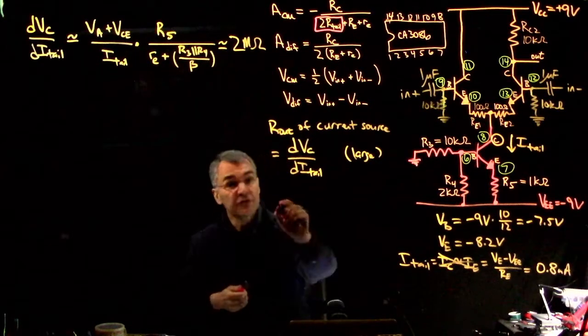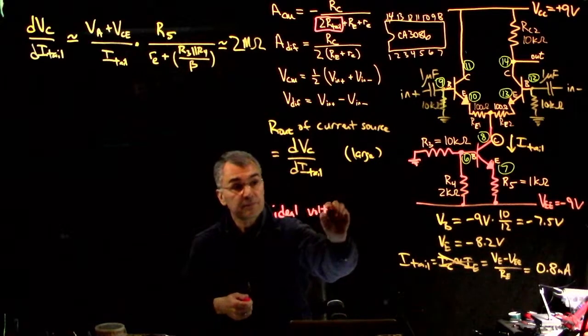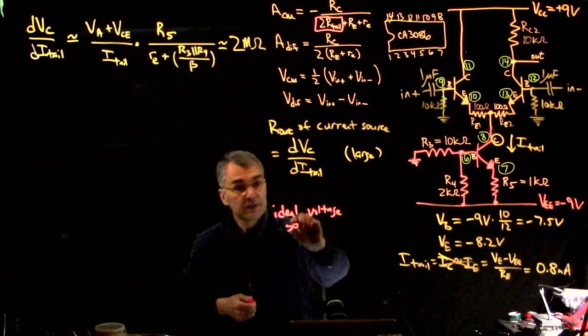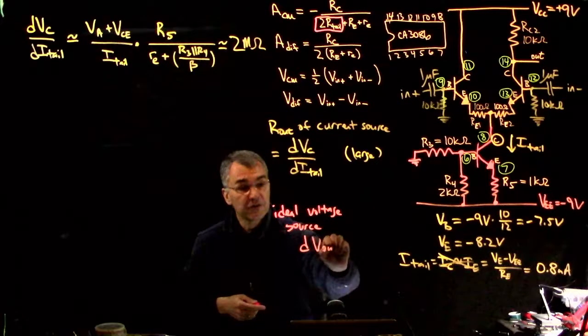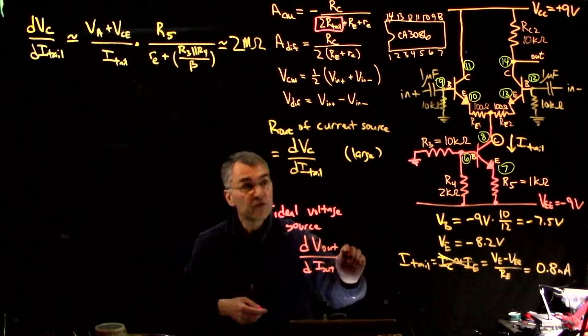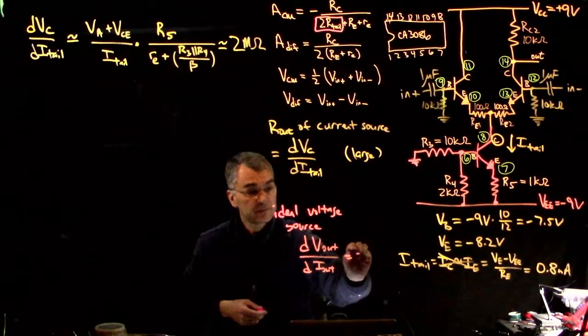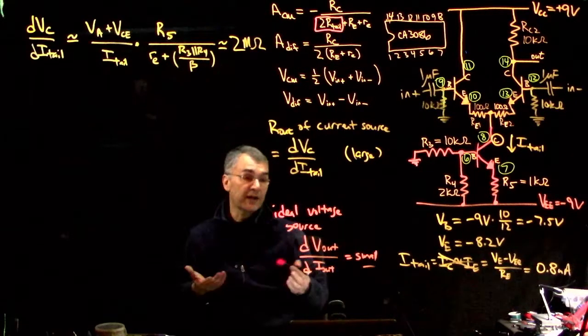So an ideal voltage source has dV out with respect to dI out tiny, ideally 0.